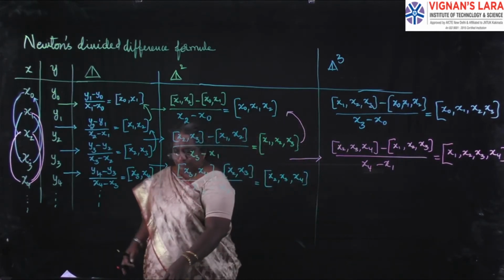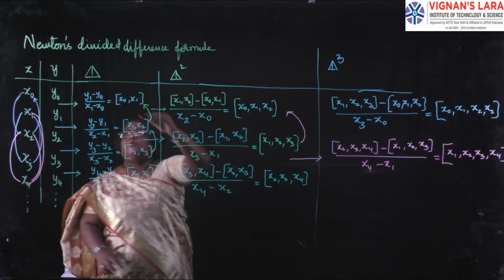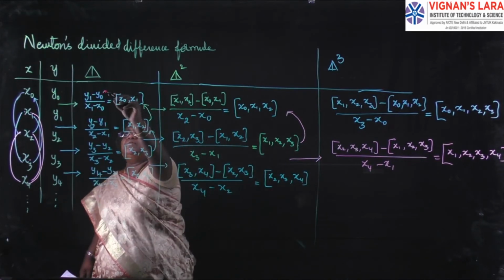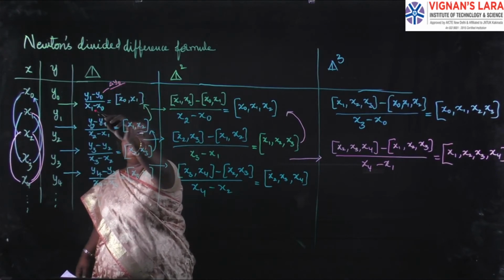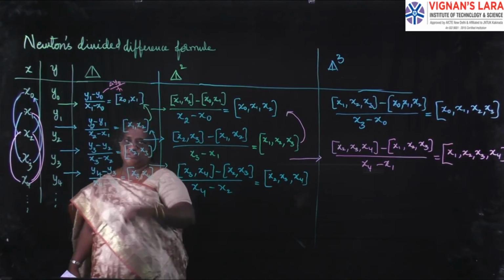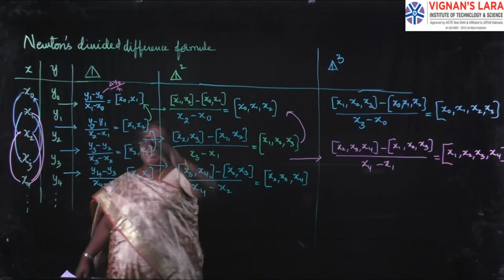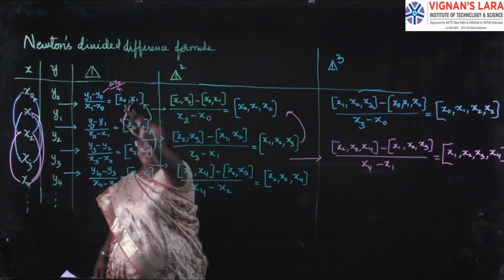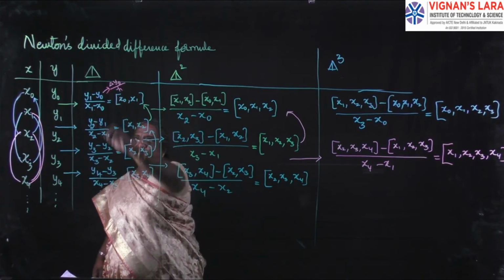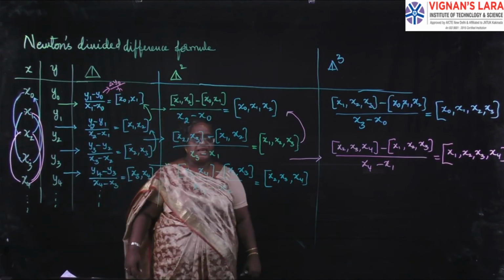Now if you observe here, what is y1 minus y0? y1 minus y0 is del y0. Already we have seen x1 minus x0 is h. So we can represent the first divided difference of x0, x1 as del y0 by h.